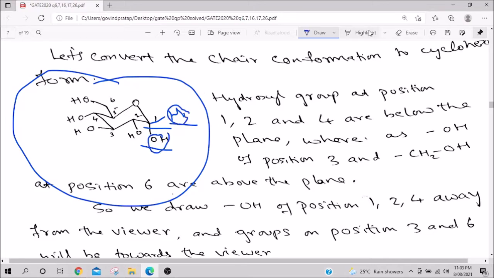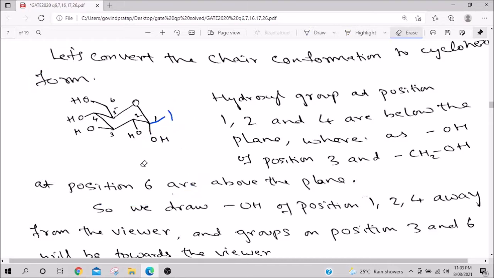So let us concentrate only on OH. Here OH is below the plane. Now on position number 2, H was on top, OH is down, so this OH is also below the plane. So these two OH are on the same plane.